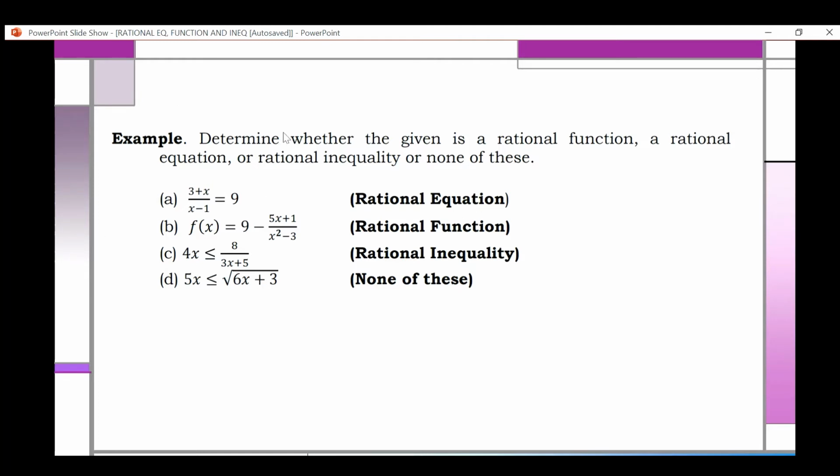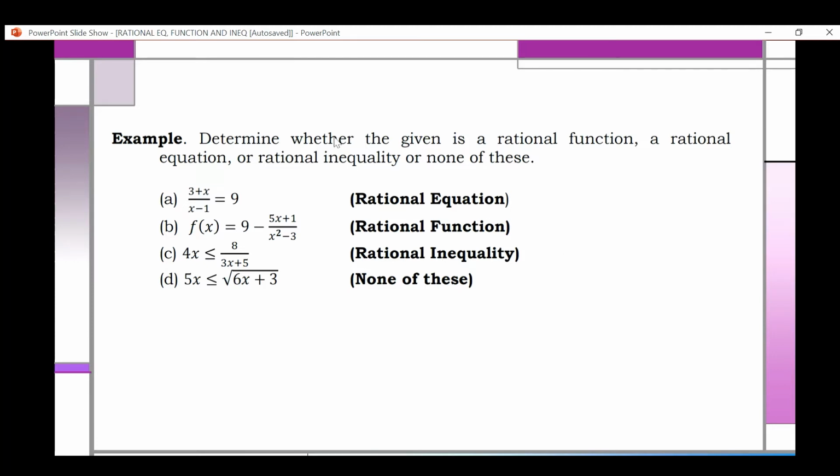And then for the rational function, since we studied about a function, we use the symbol y equals a rational expression, or the notation for function, which are f of x or g of x. Okay, so that is for rational function. And for inequality, take note of the usage of the symbol greater than, less than, greater than or equal, and then less than or equal.